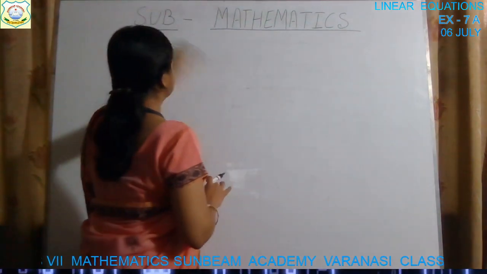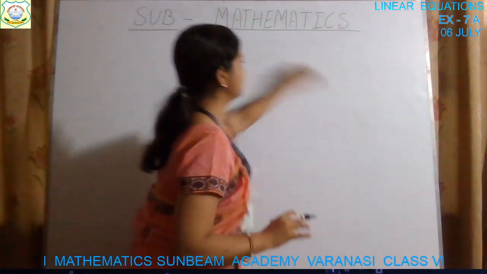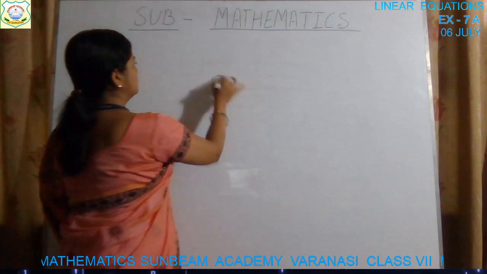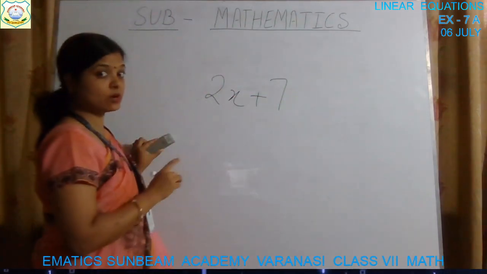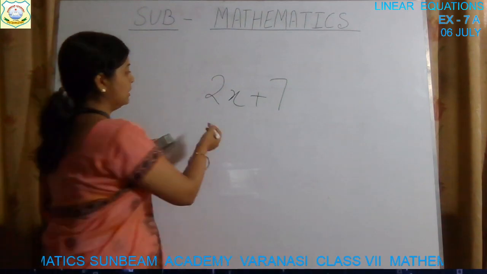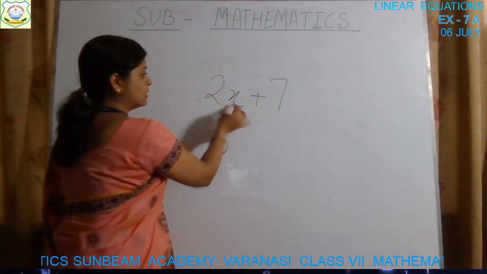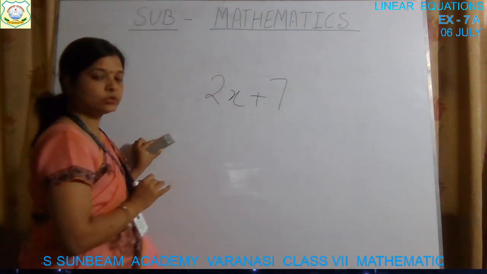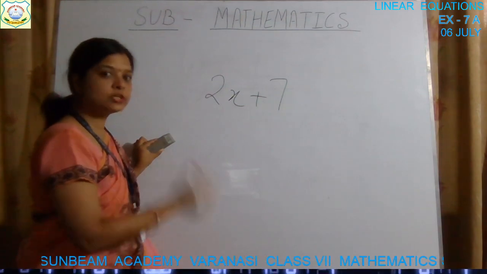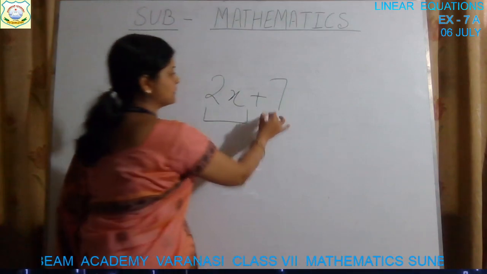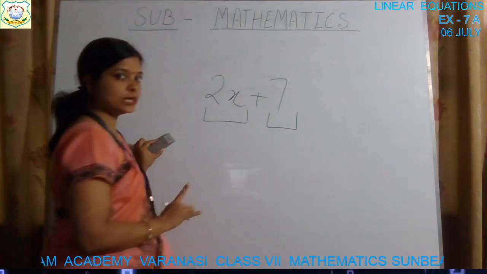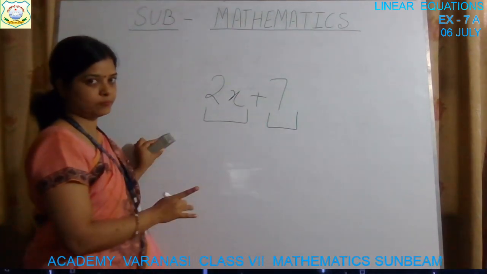Before that, if you are writing an expression 2x plus 7, this is called an expression. This 2 is the coefficient of x. This is the variable term and this one is the constant term. There are two terms right now.